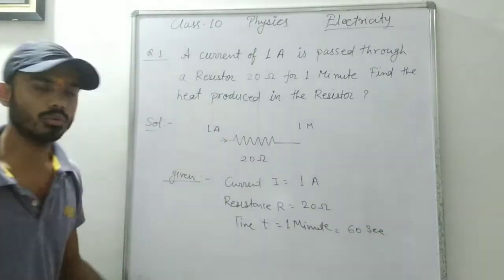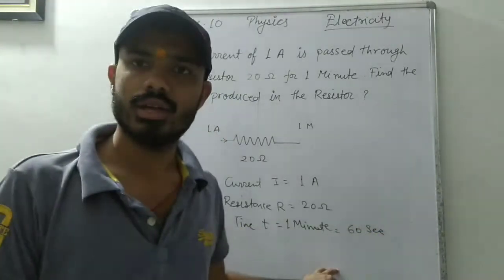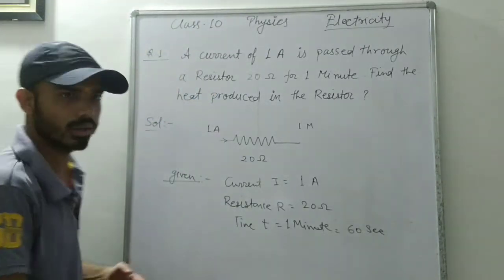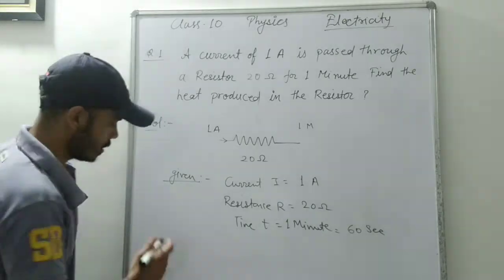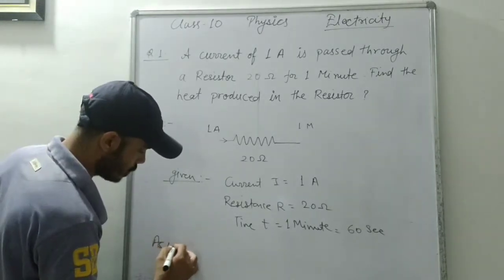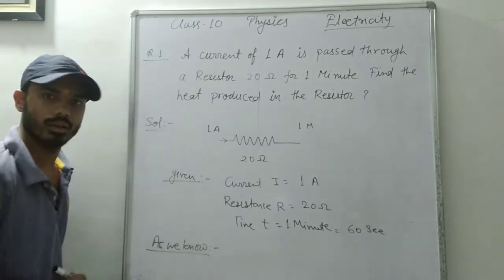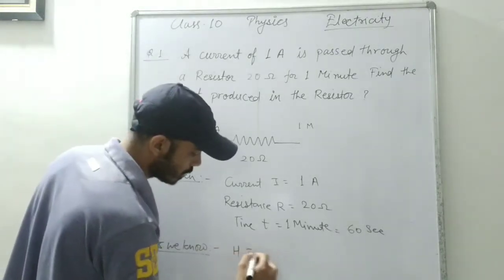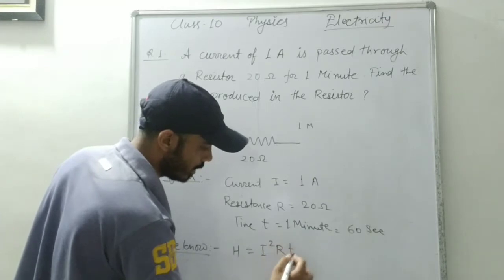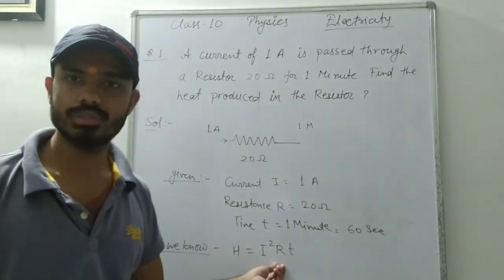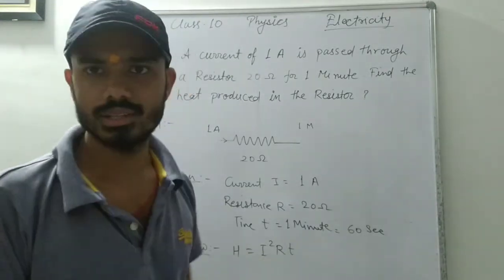And why do we need to convert this unit? Because the SI unit of time is second. Now we have to calculate heat. As we know, the formula for heat is H equals I square RT. Here I represents the current, R represents the resistance, and T represents the time.